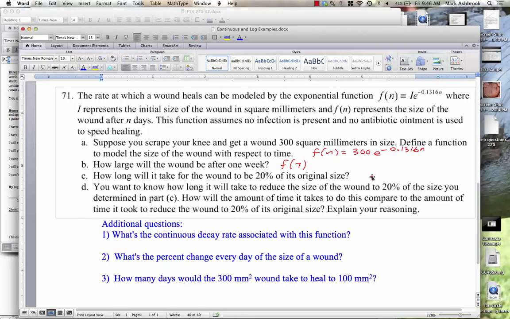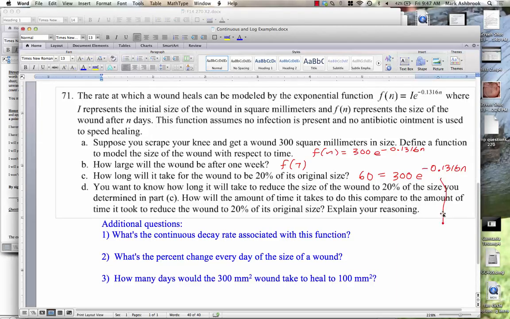So first I found 20%. Okay. So he's saying that means 60 millimeters squared, 20% of the original. And I knew that was the output of the function, so I set it equal to 300 times e to the negative 0.1316t. Divided both sides by 300.